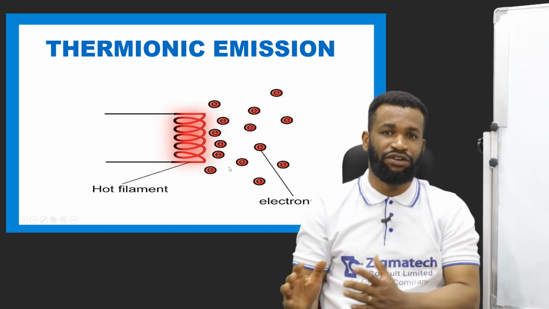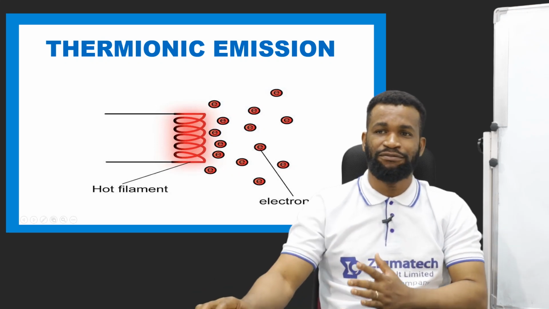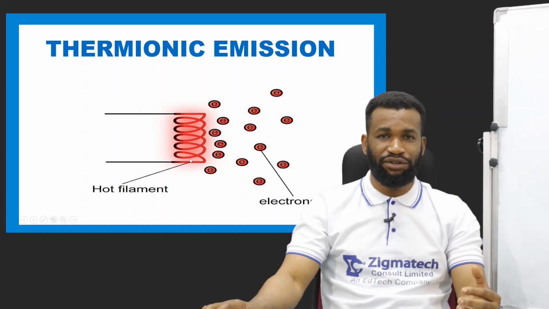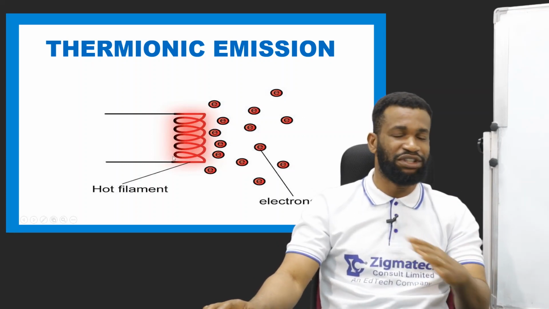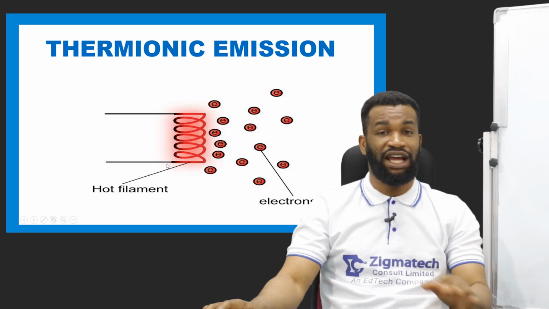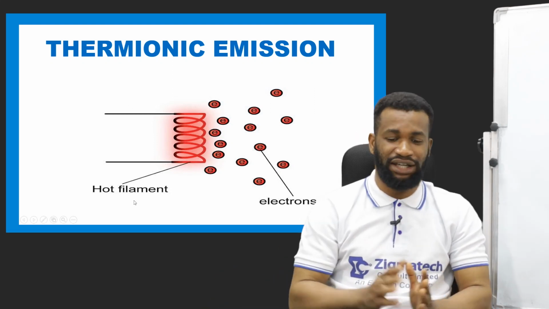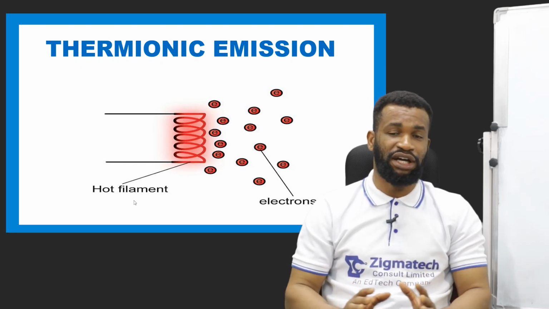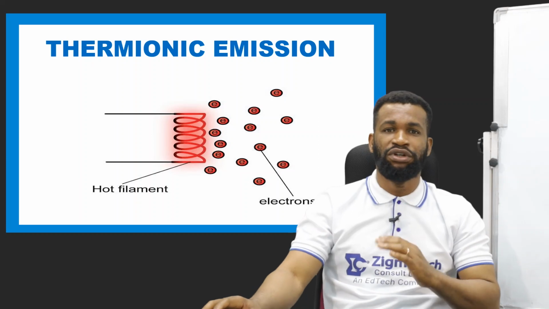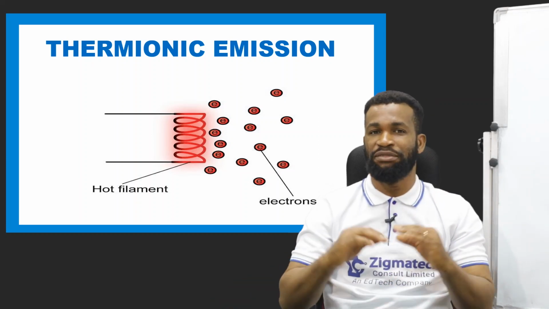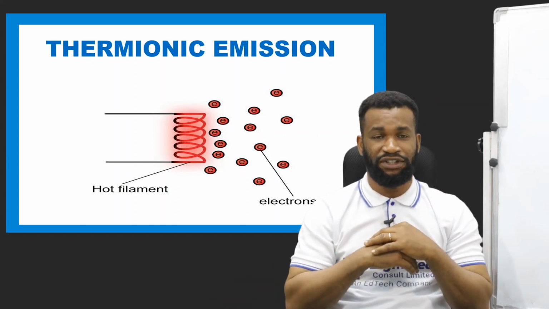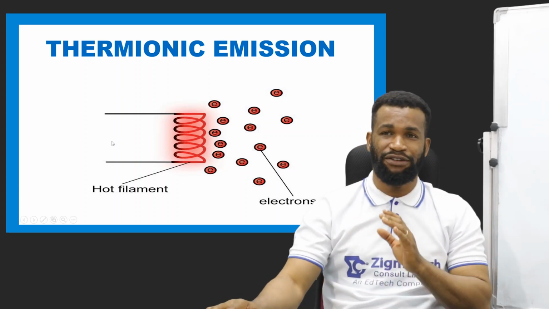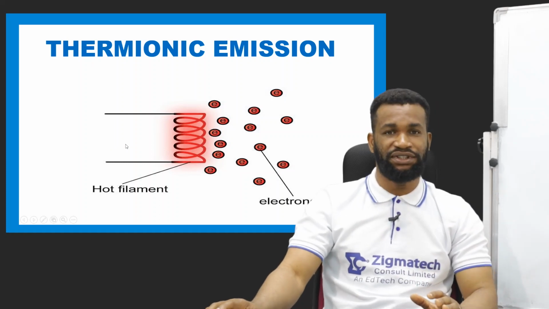Electrons leave the surface of the metal and escape. Those escaped electrons can be used in different applications in physics, like the cathode, like semiconductors, the diode and other devices. But we are limiting our explanation to what we have in this lesson, because this is a very full topic of its own in physics.